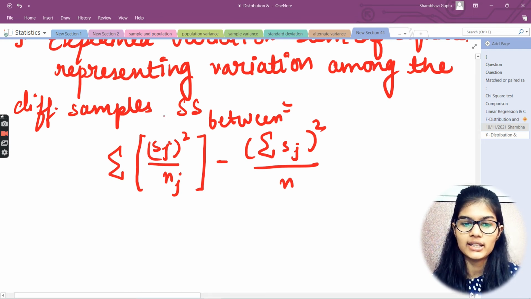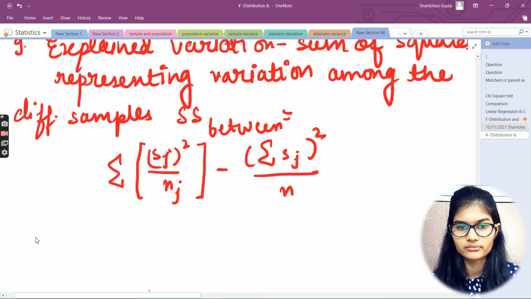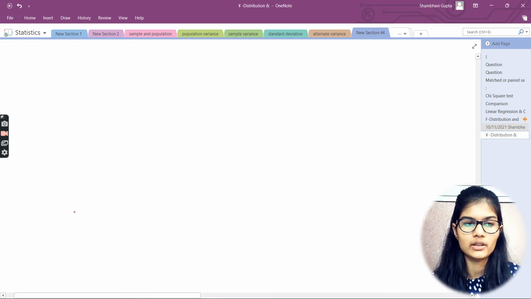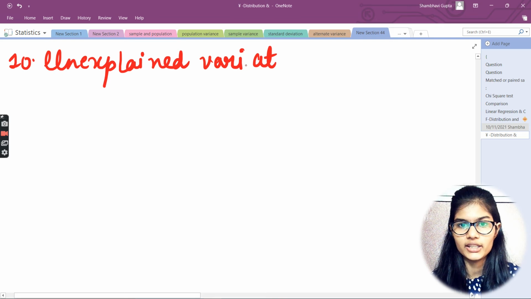What about the unexplained variation? The number which I had mentioned above was number 9, and now it goes to number 10, the unexplained variation. What is the unexplained variation actually?